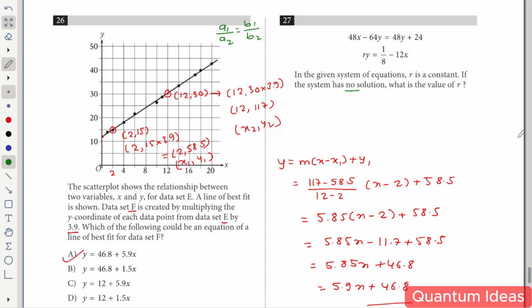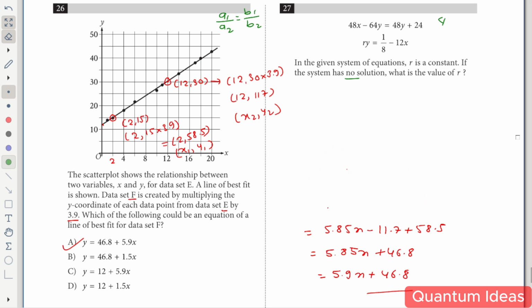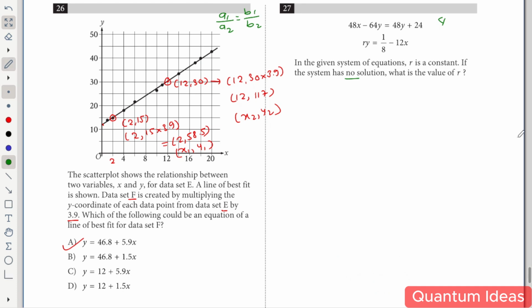First of all, let's convert this into the proper equation. I think I have also made a video on this topic, system of equations, you can check it out, so I'm not going to explain it in detail here.